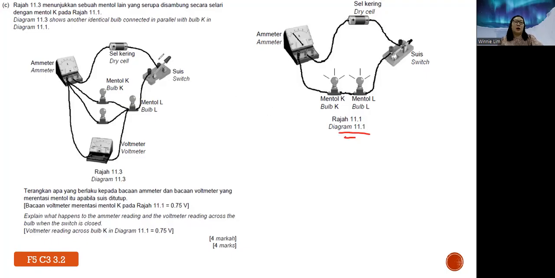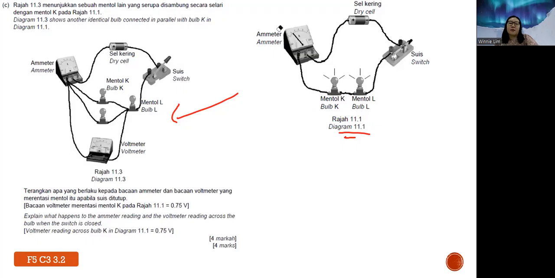They say you connect one more bulb. So this is the initial way. Then they actually add on one more bulb. Understand? So it becomes this way. See? So that's why initially it's like that. But then after that, what happened? Get the idea? Okay, so that's why teacher shows your 11.1 as well.